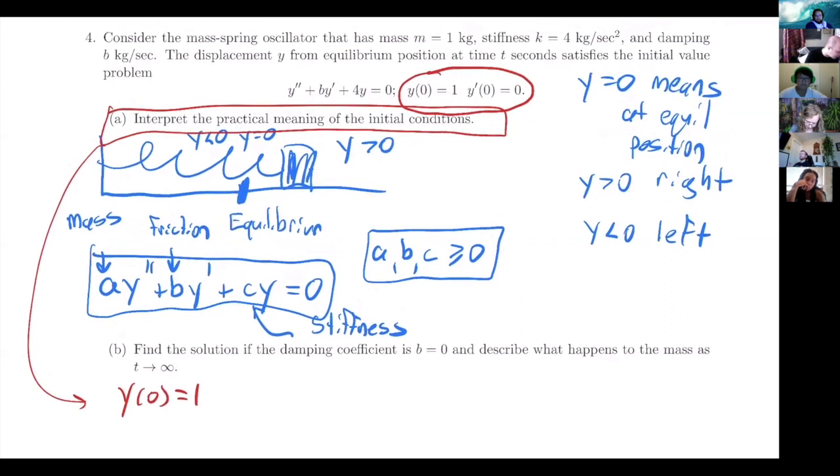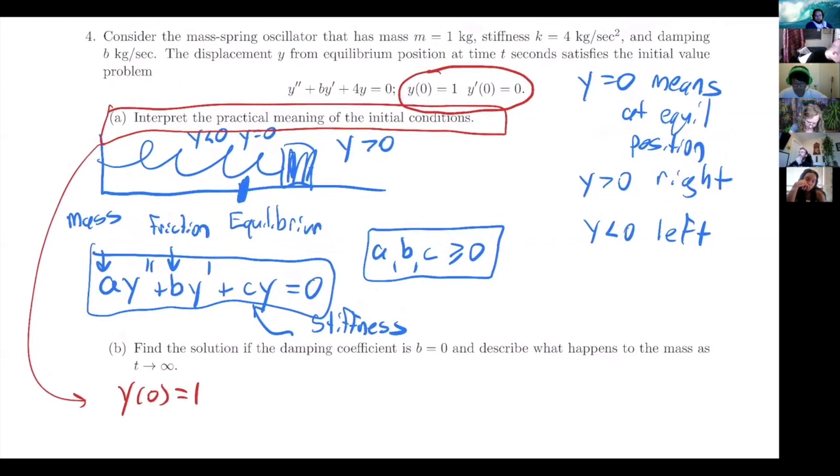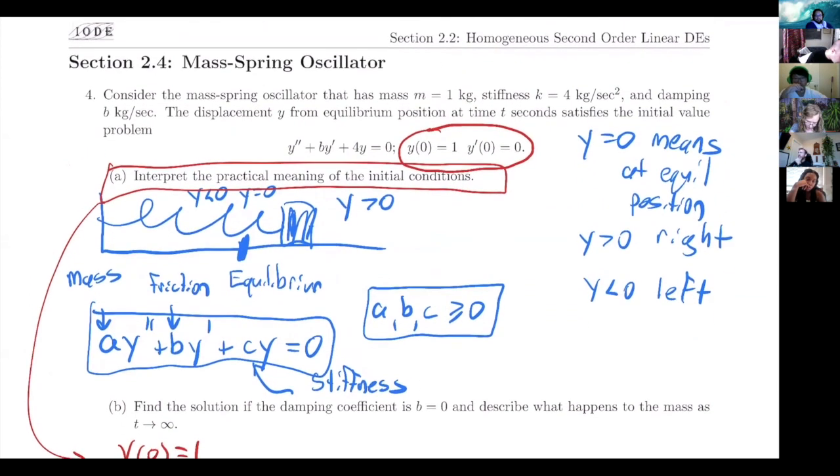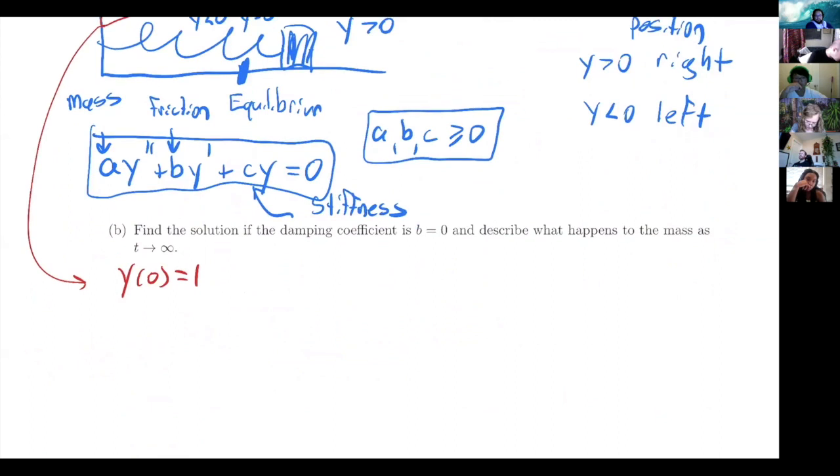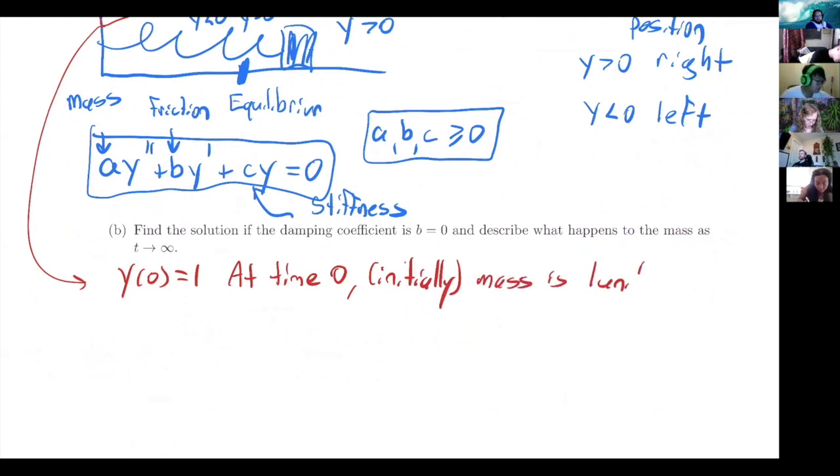And in this case, I'm not sure if we have units of distance here. Yes, I guess not. So we'll just say that at time 0, in other words, initially, the mass is 1 unit to the right.